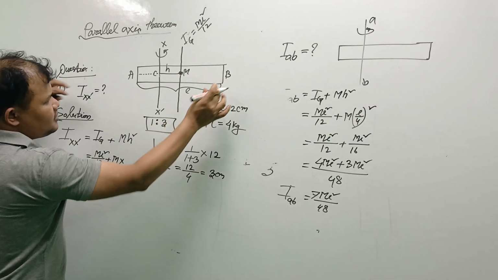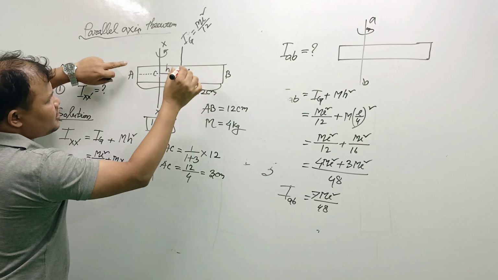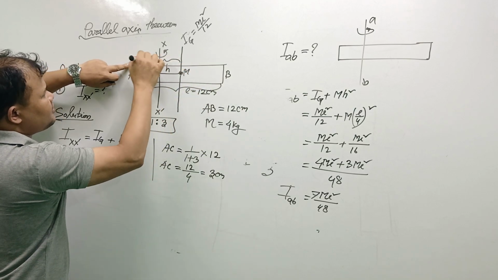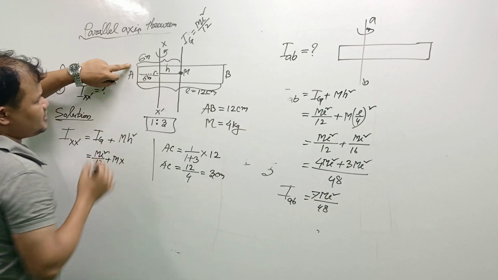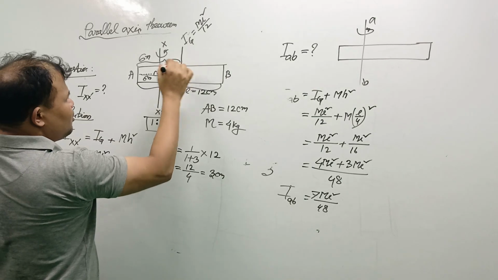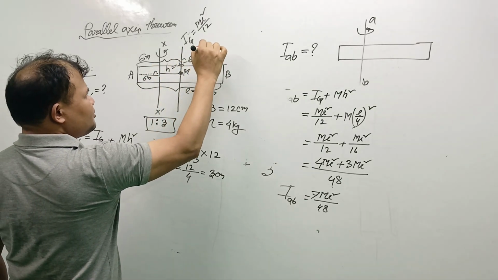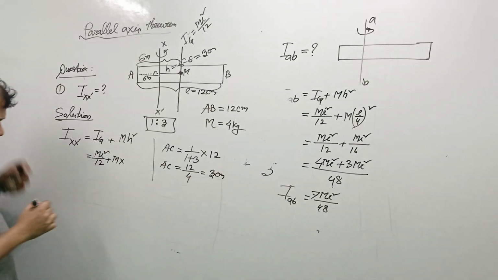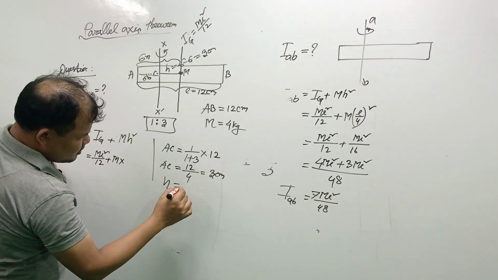Now if L is 12 centimeter, then this will be 6 centimeter and this will be 6 centimeter. Okay, so the value of h will be 6 minus 3, that means 3 centimeter.